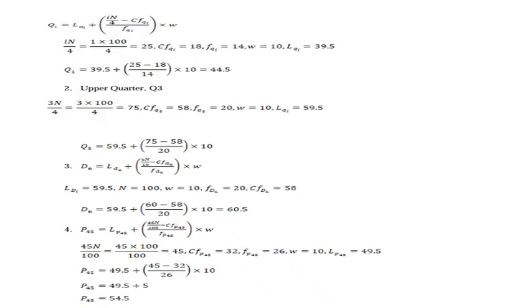The frequency of that class is 14, the class width is 10, and the LQI is 39.5, which is the lower class boundary of the class where the 25th value falls. So when we insert that in our formula, Q1 will be 39.5 plus, in brackets, 25 minus 18 over 14, close the bracket, times 10. That gives us 44.5.